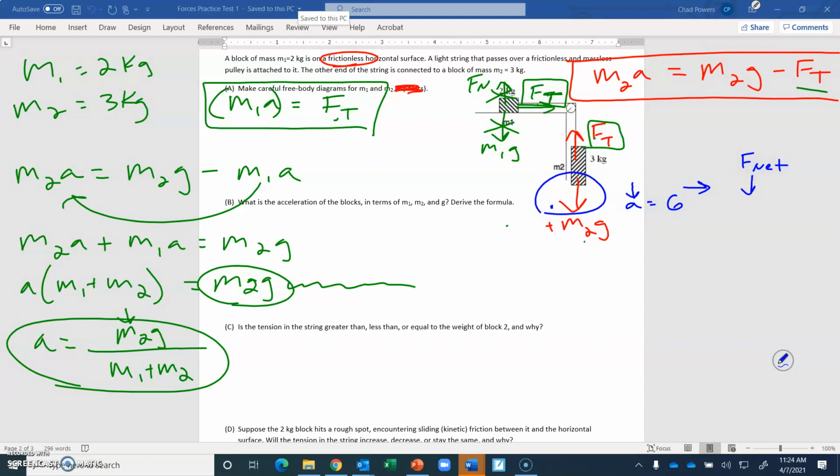Getting deeper into the physics, that's going to cause an acceleration this way, right? Which means there's going to be an increase in that resistance force acting against that guy. So there will be an increase in tension if it encounters friction. Okay? All right.